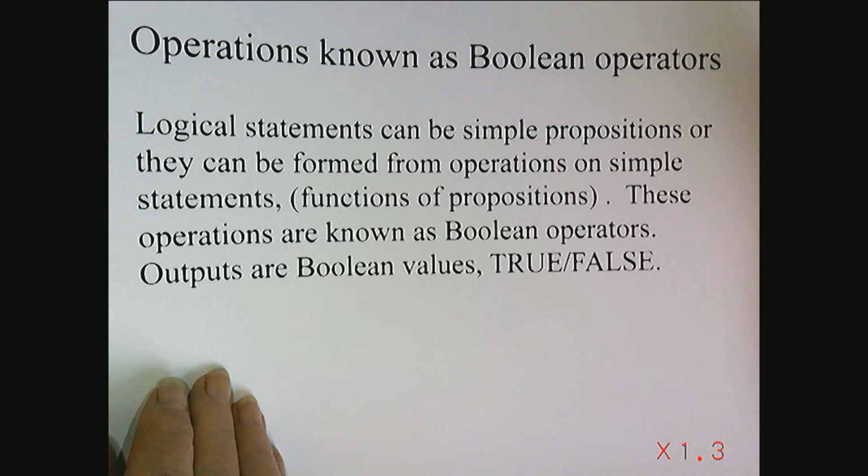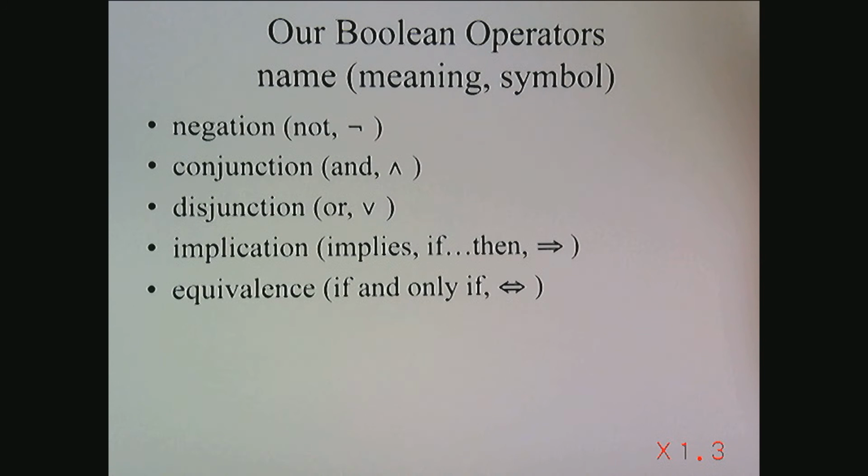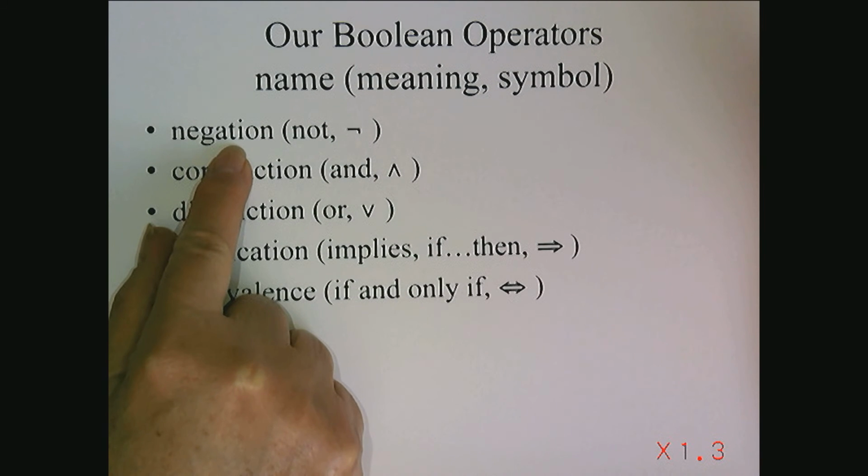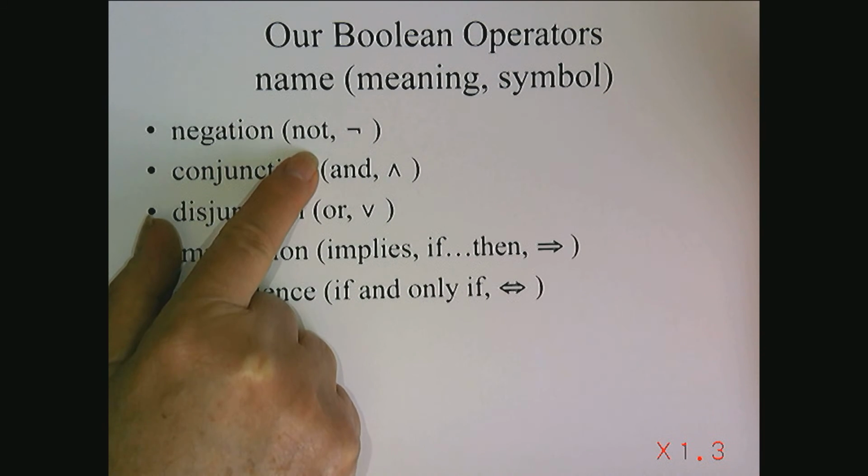Let's just give an overview of the types of Boolean operators we're going to be looking at. The name, sort of the meaning, and I have indicated the symbol used. So the first Boolean operator we're going to investigate is negation, or not.